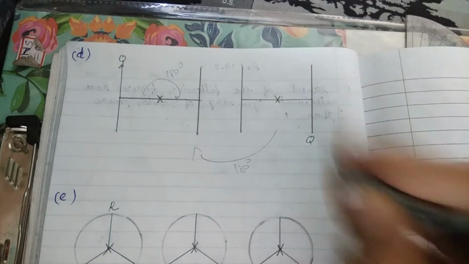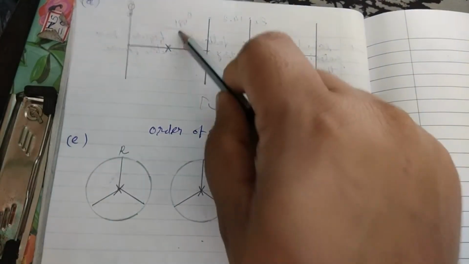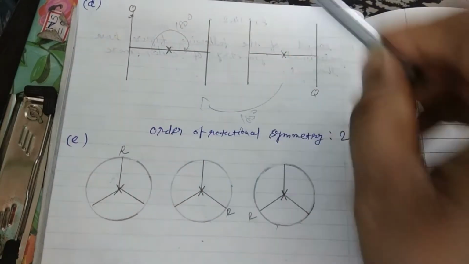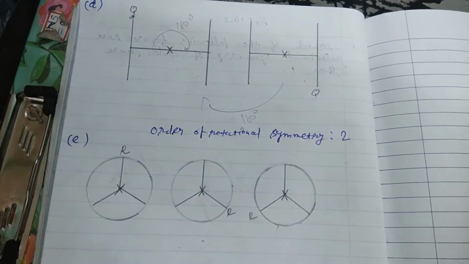So the order of rotational symmetry for this shape is 2. That is 180 degree rotation once, and then 180 degree rotation again, so it is 2.